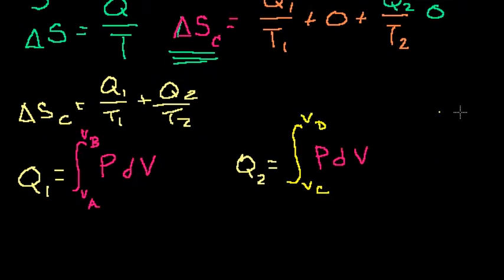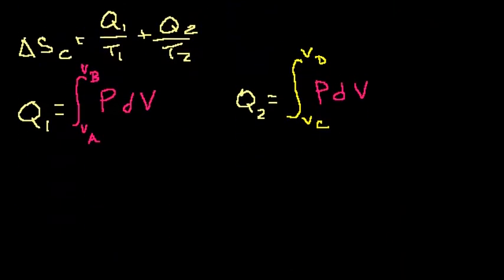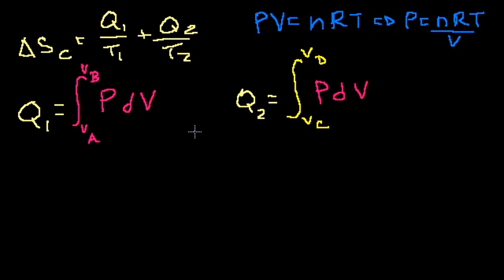Now, how can we evaluate these integrals? Well, we've done this before in a previous video. We use the fact that both of these circumstances, when we go from A to B and when we go from C to D, occur on isotherms, right? So the only things that are changing are pressure and volume. Temperature is not changing. And so if we go back to our ideal gas equation, PV is equal to nRT, we can just rewrite this by dividing both sides by V as P is equal to nRT over V, and substitute that back in for P in both cases.